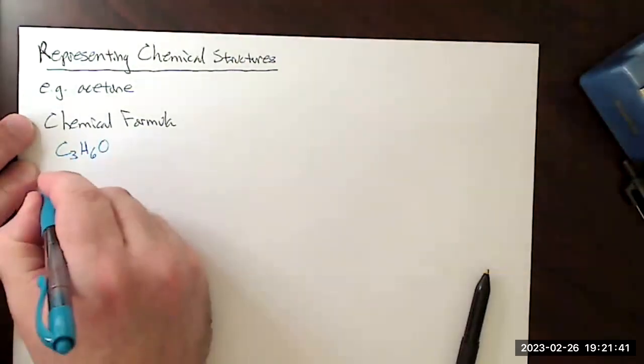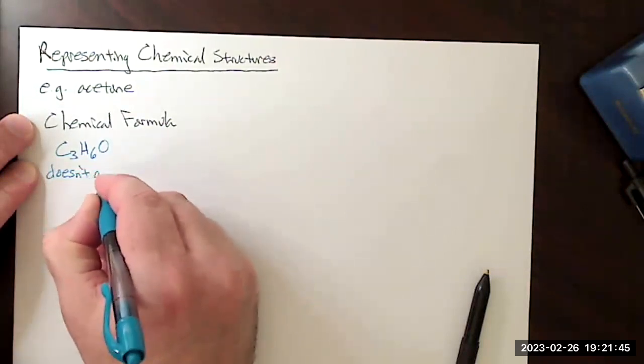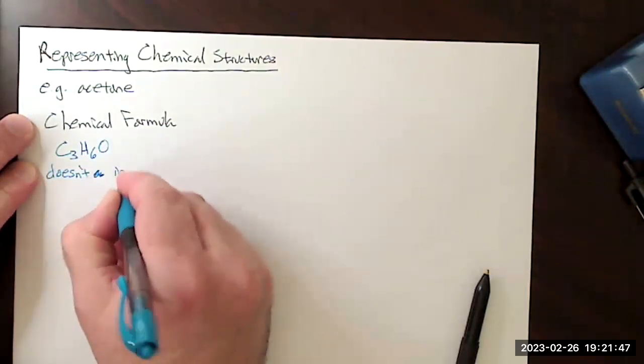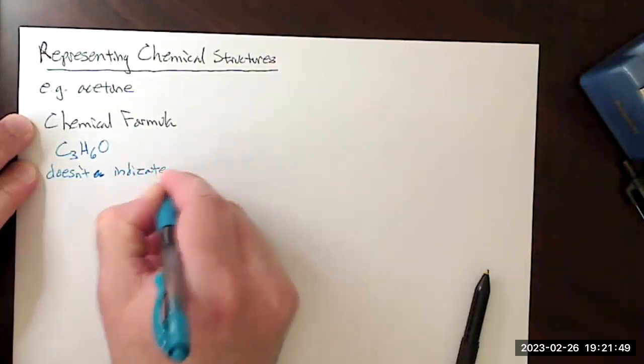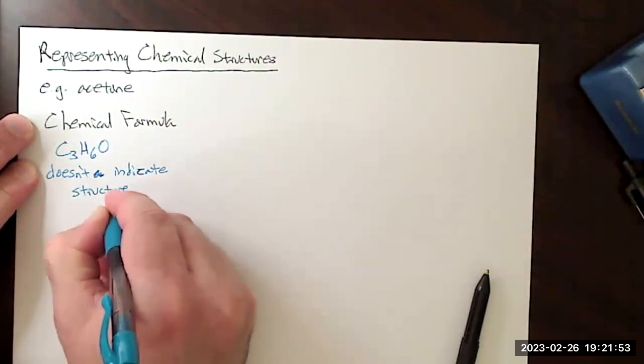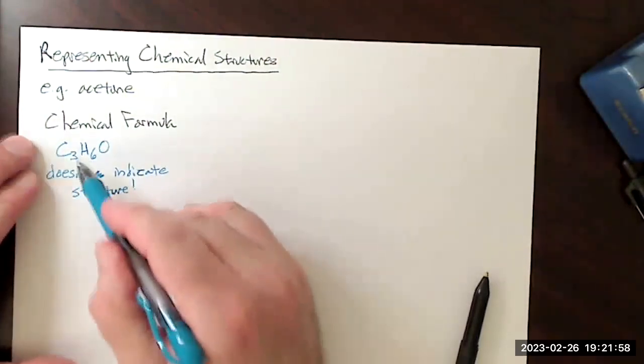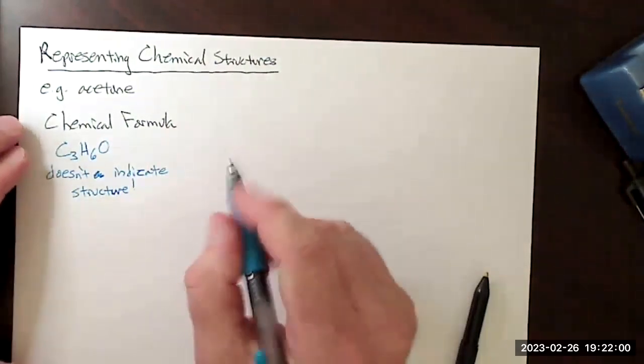But this doesn't tell us anything about the structure. It just tells us how many carbons, hydrogens, and oxygens we have.